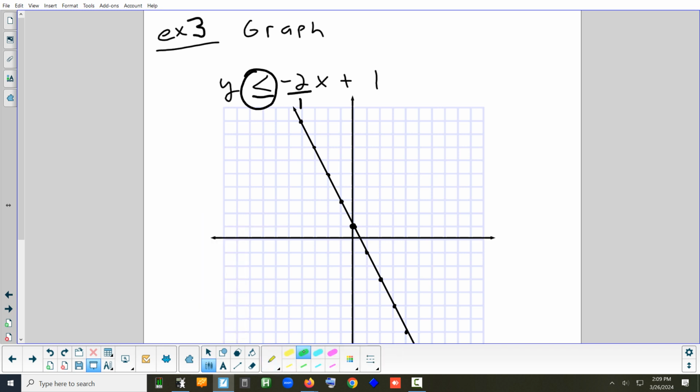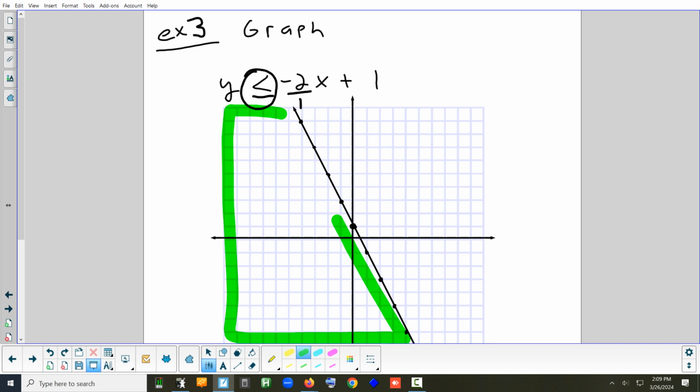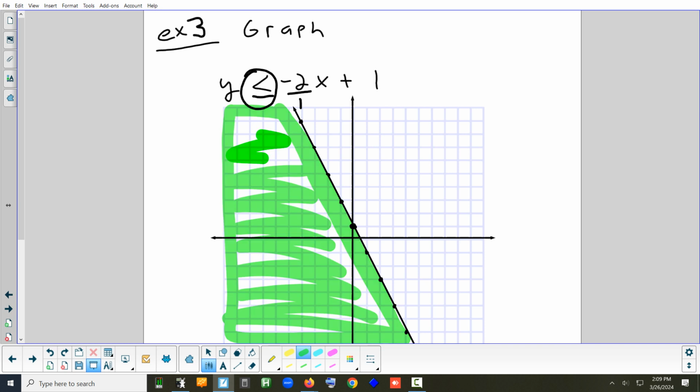This is a less than or equal to, so you're shading everything that's under the line. Remember, it goes on forever, but I usually just shade it in like this. That's everything below.